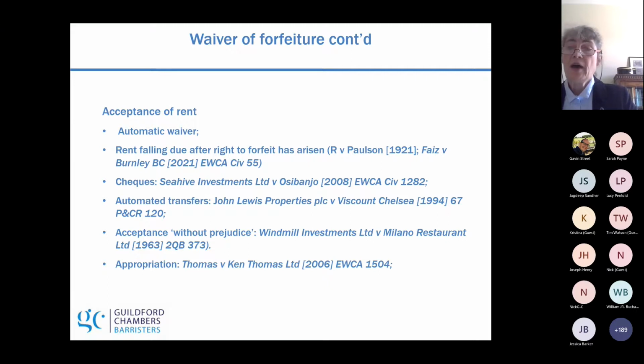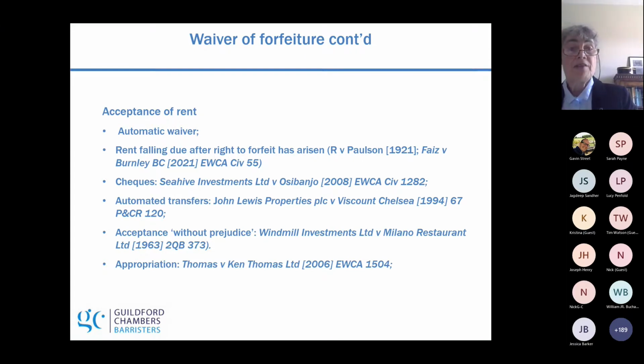Cheques should be returned in order to avoid waiver. It's going to be difficult for a tenant to demonstrate acceptance of rent if a cheque has not been banked. But if it is banked accidentally, processing of the cheque is not conclusive of the payment being accepted as rent.